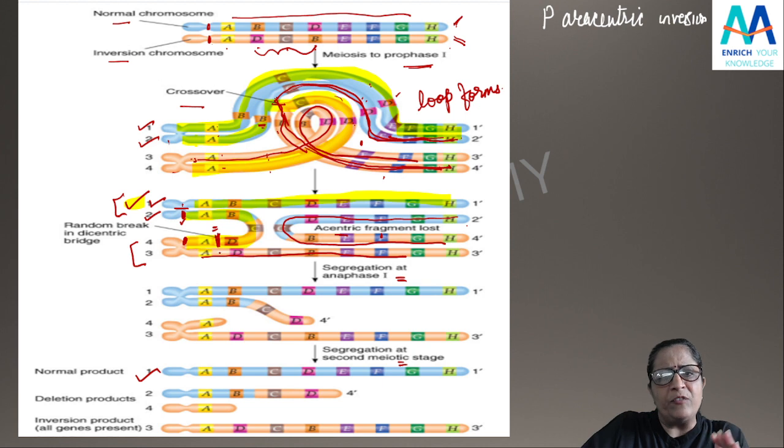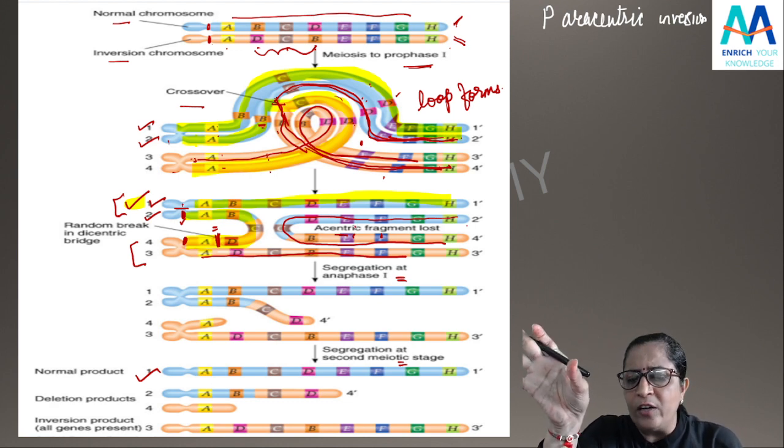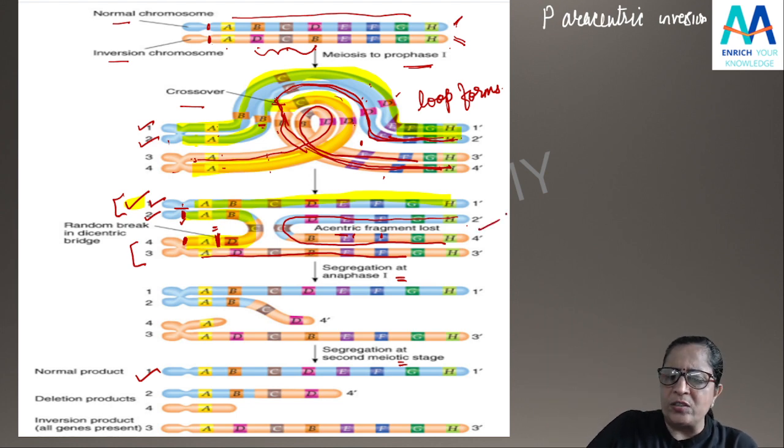For example, if the break is from here, yeah, और ये तो acentric है, उसमें centromere ही नहीं है, so it will be lost there only. Yes, this fragment it will be lost. Got it? तो ये तो लॉस हो जाएगा, तो ये वाला जो रहेगा, ये देखो क्या होगा, this will be the first part and normal.